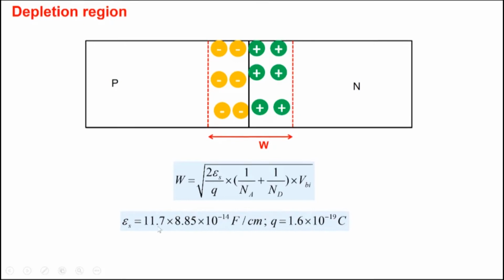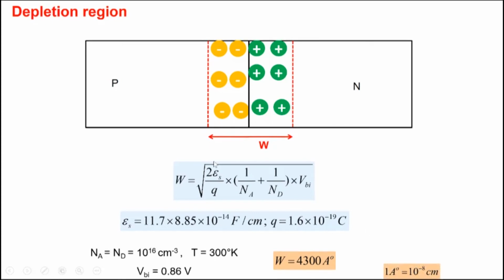So if we plug in all of this, 11.7 is the dielectric constant of silicon, this is the free space permittivity, and Na and Nd we are taking as 10 power 16, we get W of 4300 angstrom here. So 4300 angstrom, or 430 nanometer, or 0.43 microns. So maybe half a micron or so is the depletion width here.